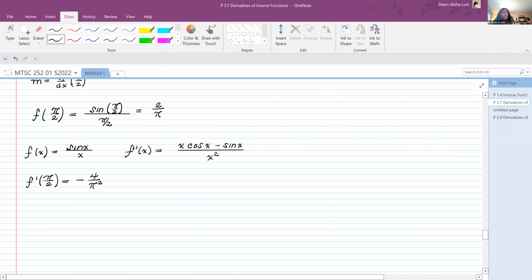And I believe that's what I got. And so therefore that is m. So therefore what we are looking for, the derivative of f inverse with respect to x at 2 over pi is 1 over m, which is negative pi squared over 4.